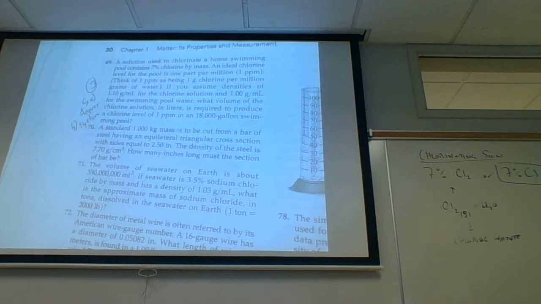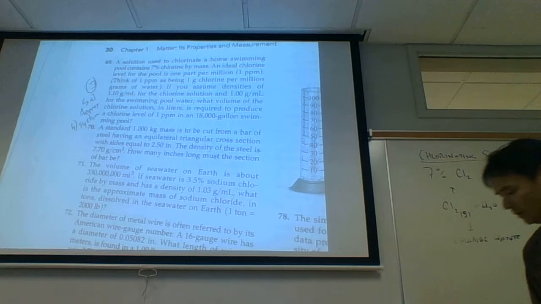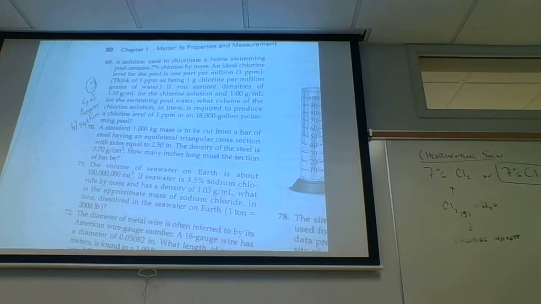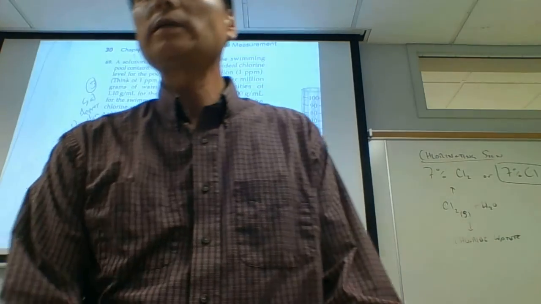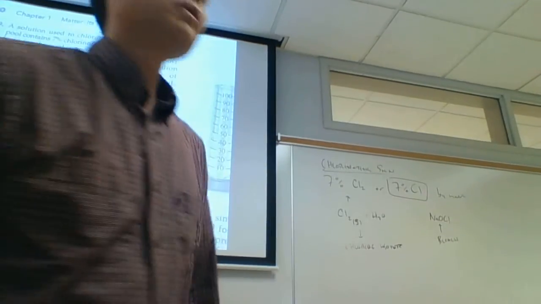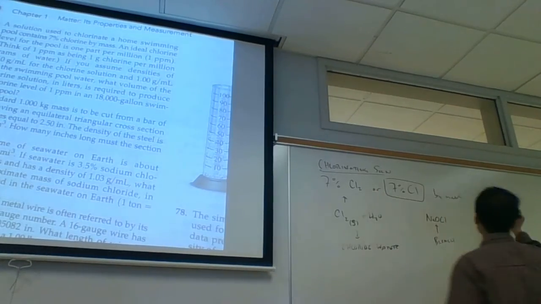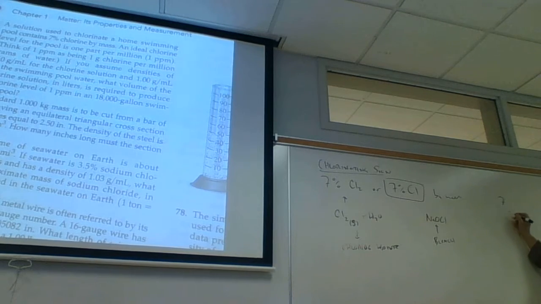And so what does that mean, 7% chlorine atoms by mass? Well, it means this. Another way of saying percentage is it's a part per 100. And so percentage is a part per 100, which means that we're going to have 7 parts per 100 parts.